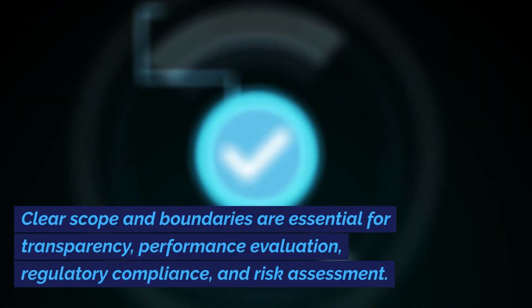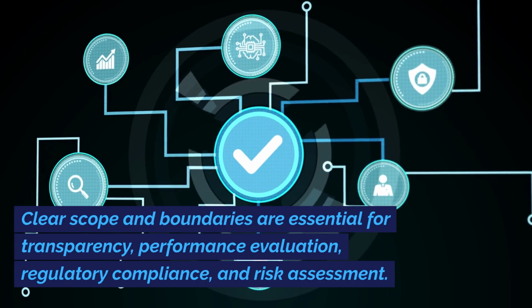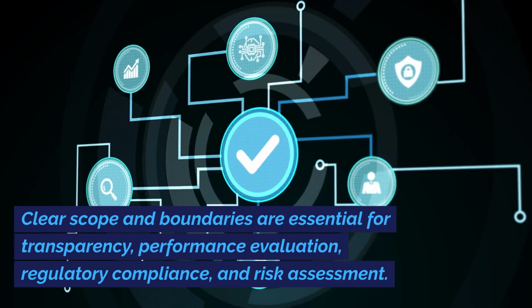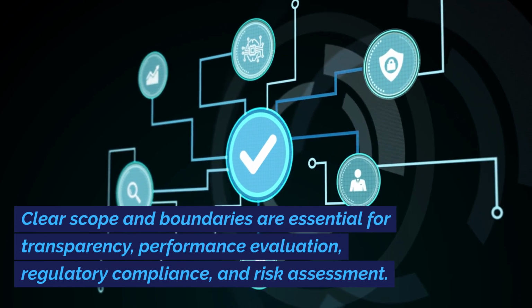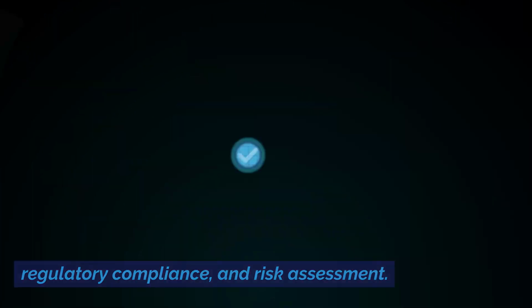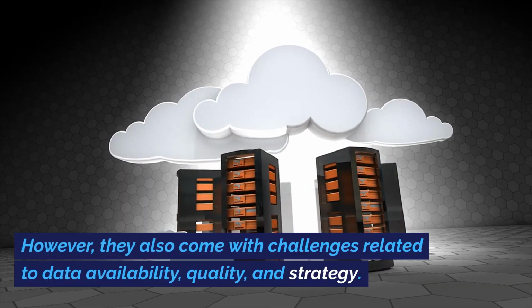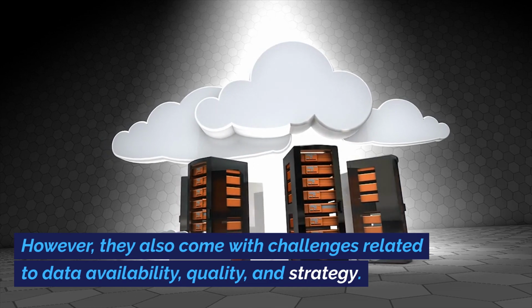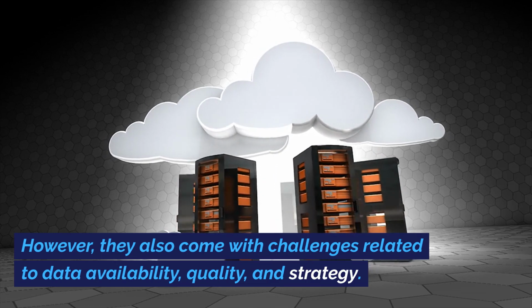Clear scope and boundaries are essential for transparency in reporting and performance evaluation, in complying with regulatory bodies, and with estimating risk. However, they also come with challenges related to the availability and quality of data, and the strategy.